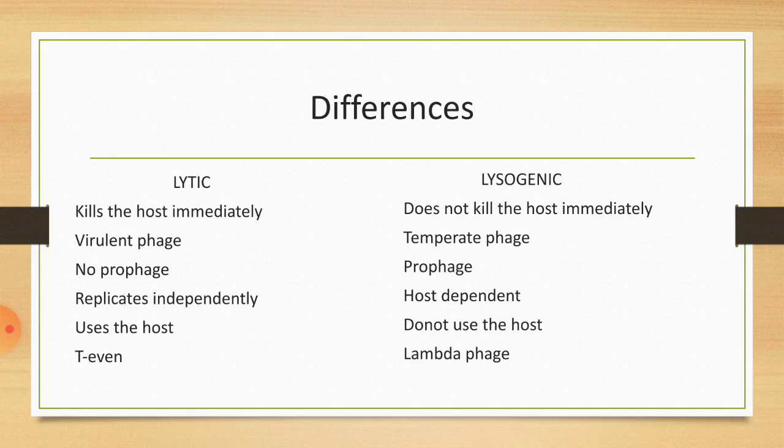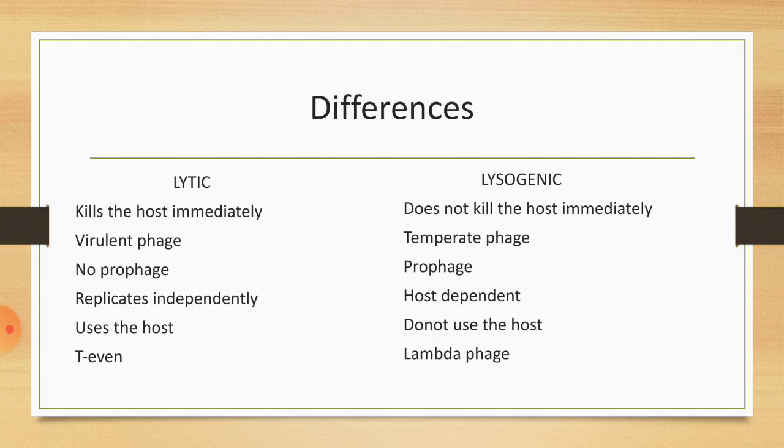In the lytic life cycle, as the virus is harmful for the host, the virus is called a virulent phage, a harmful phage. In lysogenic, as the host is not immediately killed, the virus can be called a temperate phage or non-virulent phage.